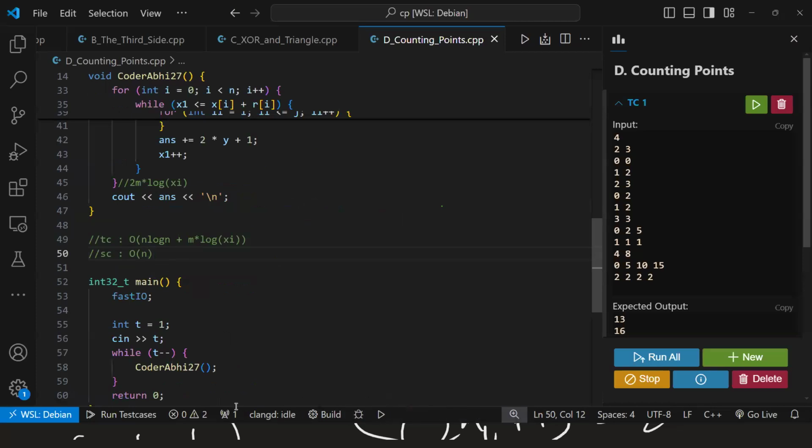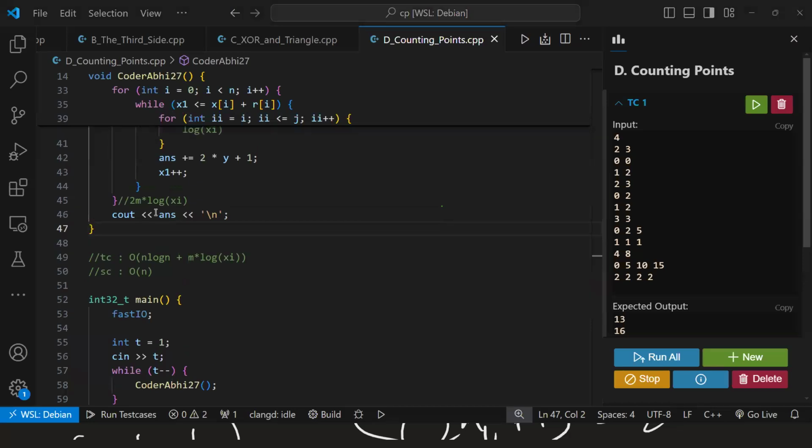Any more doubts in this problem? Okay, I think we can move to the next one now.